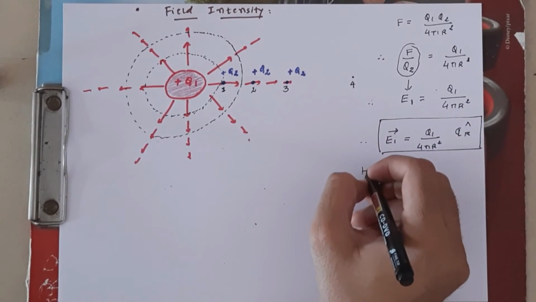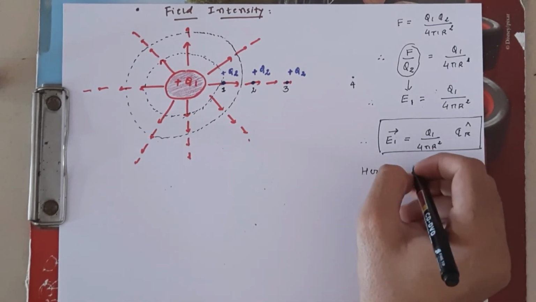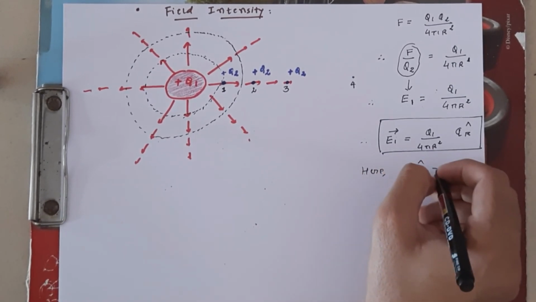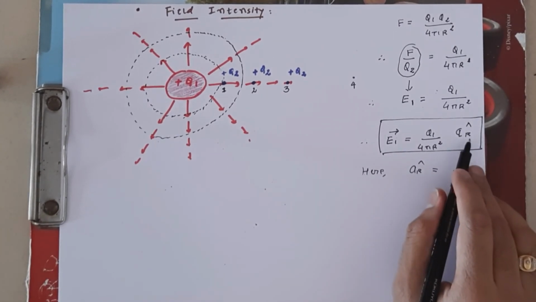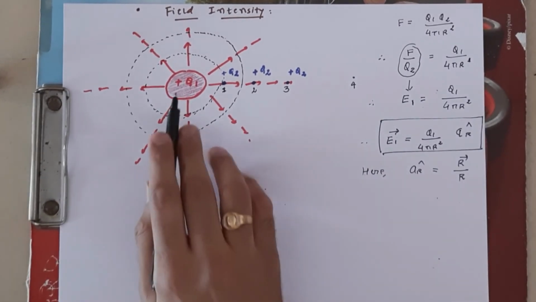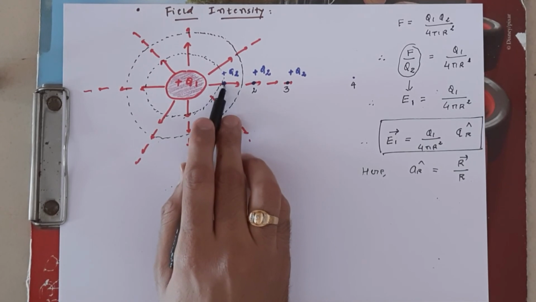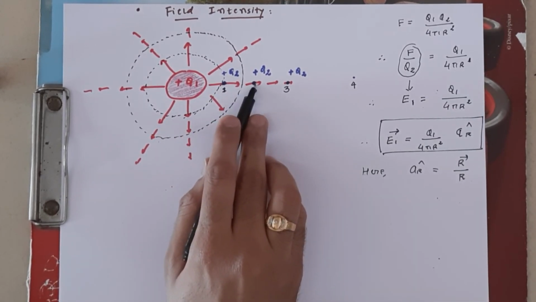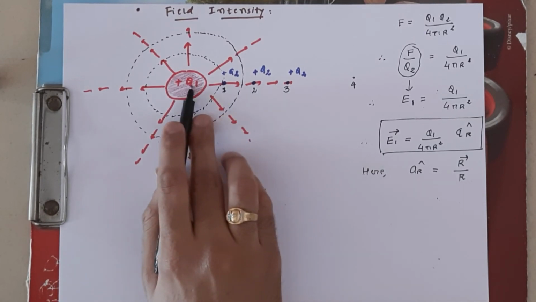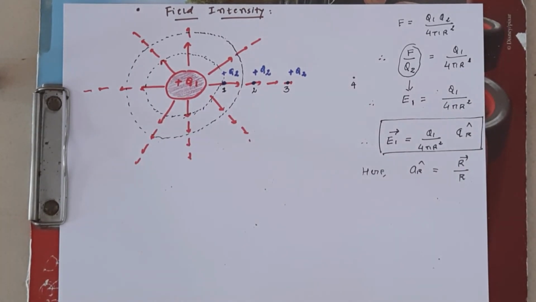And here what is the aR unit vector? aR unit vector is R vector upon its modulus. Now what is R? R is the distance between charge Q1 and my desired point. Suppose I consider this point 2, so this is my distance R with respect to charge Q1.